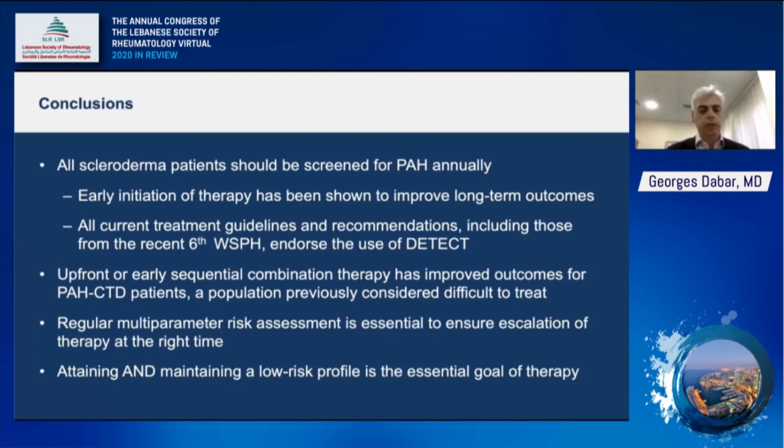So upfront or early sequential combination therapy has improved outcome for pulmonary arterial hypertension secondary to connective tissue disease patients, usually considered difficult to treat, and historically this population had a higher mortality compared to IPAH. Regular multi-parameter risk assessment is essential to ensure escalation of the therapy at the right time, and attaining and maintaining a low risk profile is the essential goal of therapy to have the best outcome.